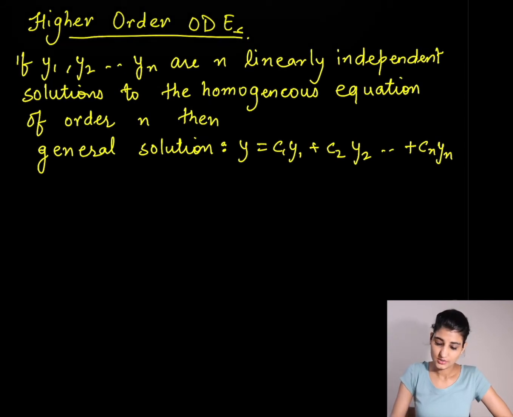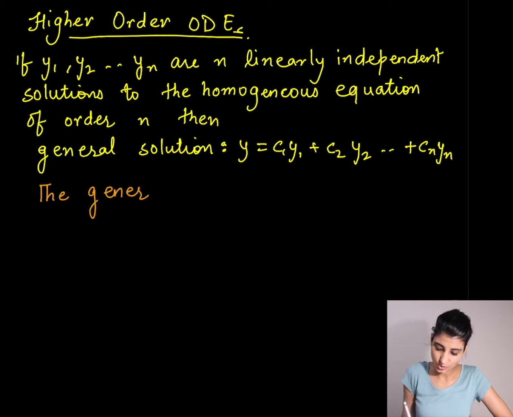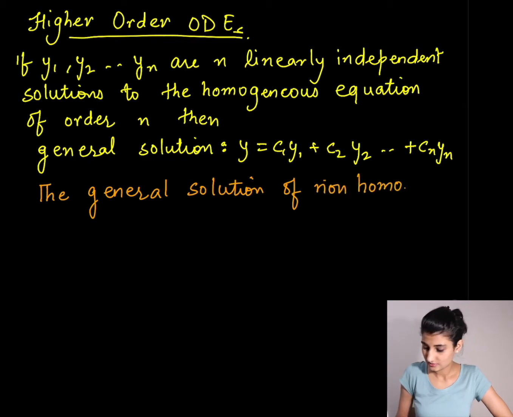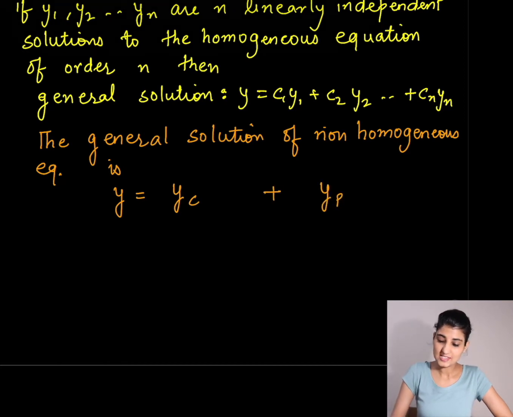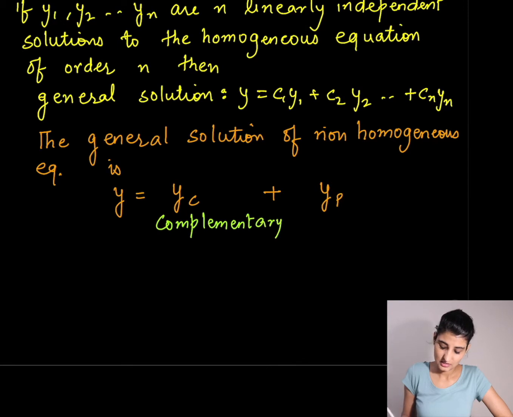Now this was about the homogeneous equation. If you have a non-homogeneous equation, the general solution is given by y equal to yc plus yp, where yc is called the complementary solution and yp is called the particular solution.